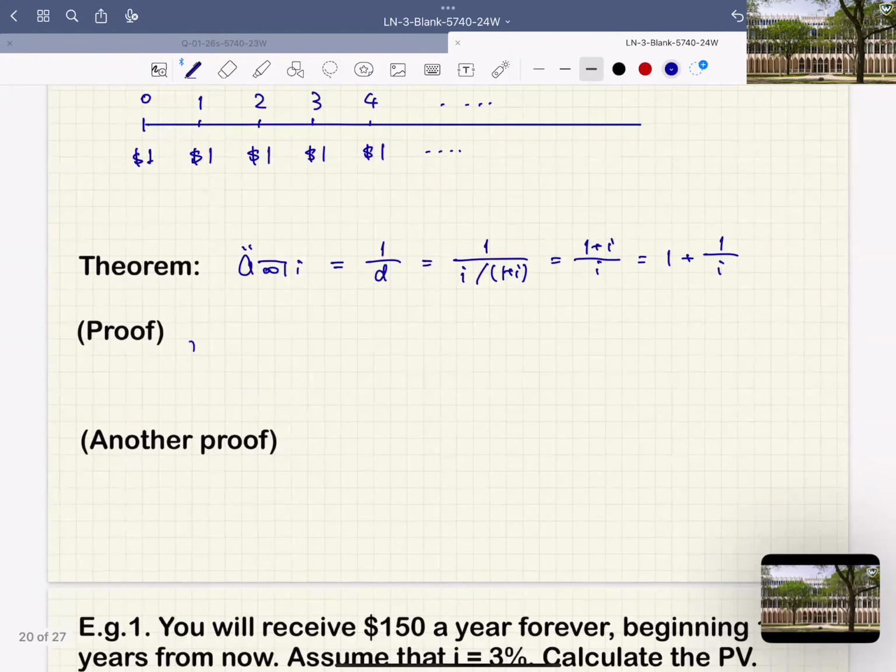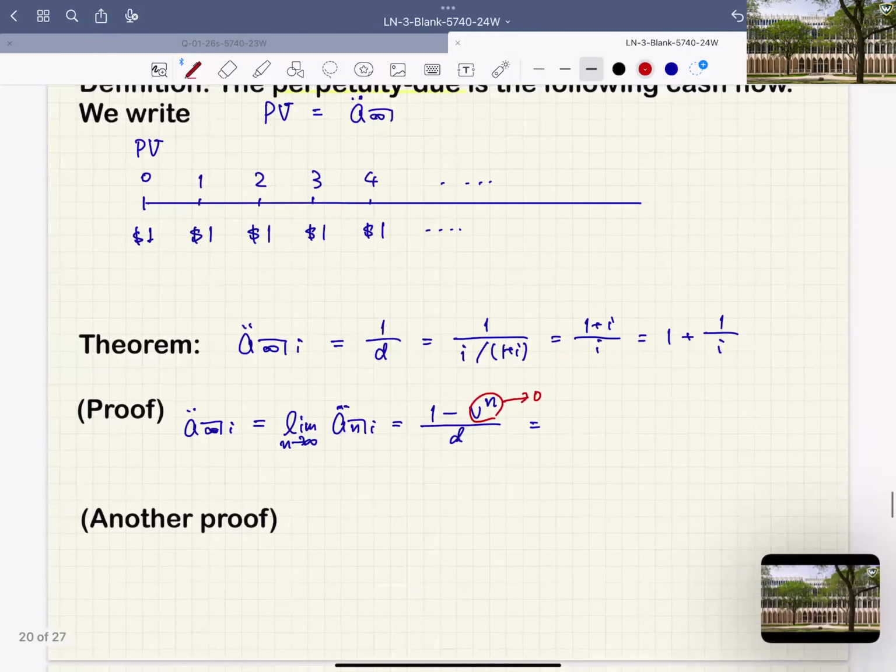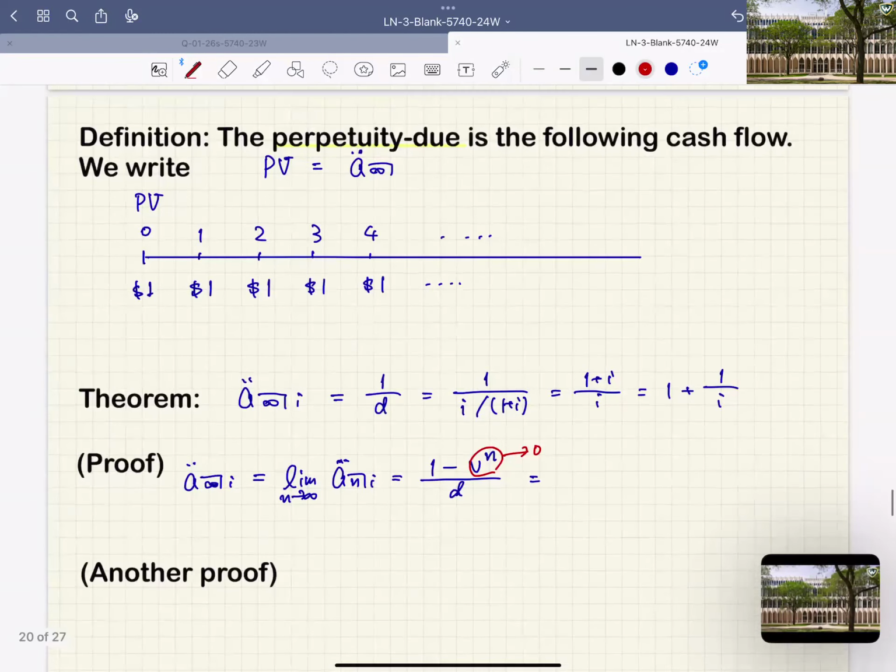And the proof is the same way. So a double dot angle infinity at i is equal to the limit as n goes to infinity of a double dot angle n at i, which is 1 minus v to the power n over d. You can check the formula. Then v to the power n again goes to 0 as n goes to infinity. Everything assumes that i is positive.